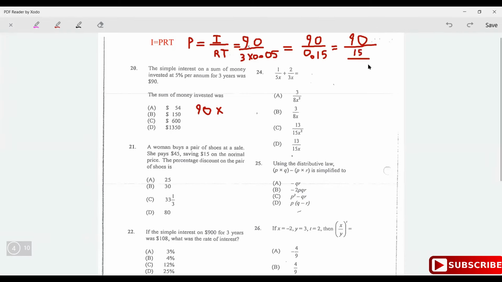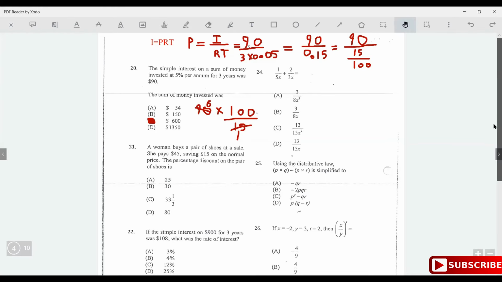That's what you have. So if you're dividing by 15 over 100, you're multiplying by 100 over 15. All right. Now 15 into itself goes 1 time, and 15 into 90 goes 6 times. 6 times 100 is 600. So that was the principal amount. Easy question.